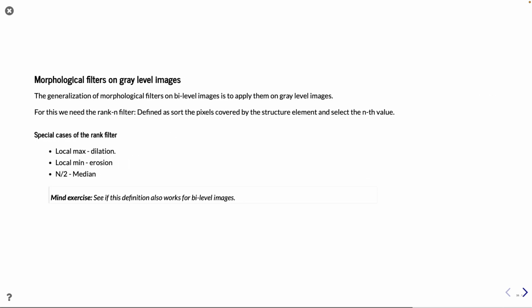In principle, the erosion and dilation are special cases of the rank filter, where you sort all the pixels in the neighborhood and then you select one in the order. The dilation is in principle the local maximum, and the erosion is the local minimum, and in between we have the median value.